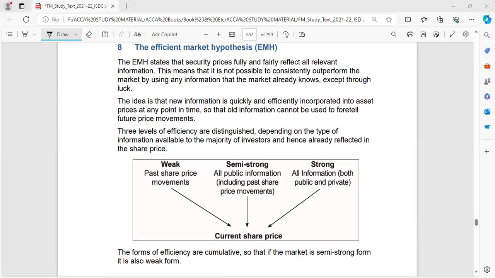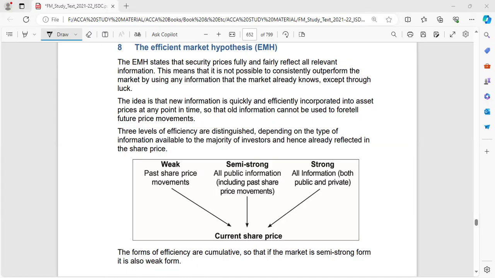On the other hand, there is a market which is called semi-strong form of market. Semi-strong form of market is the one where share prices are representing the recent information, where change in the share price will arise within 3 to 5 minutes. So this is called semi-strong form of market.